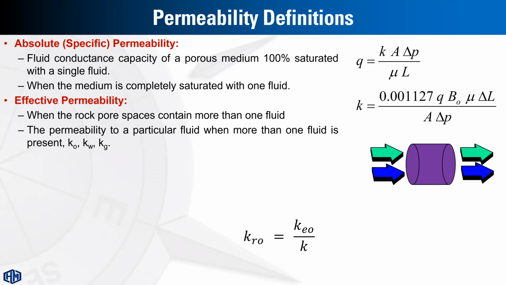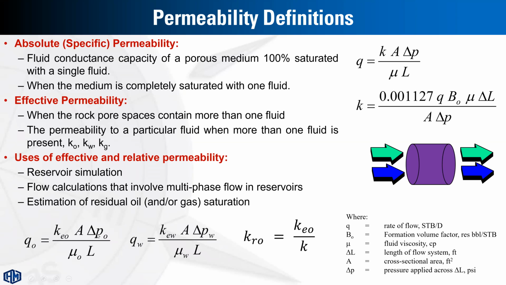If the porous media is saturated with more than one fluid, the effective permeability of oil is the permeability to oil in the presence of other phases like water and gas.